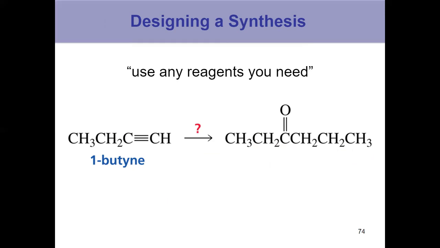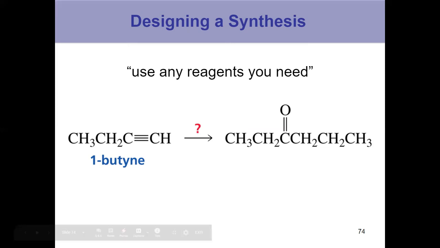So you see that it's a ketone. You ask yourself, how do I make that? Well, I only have one reaction so far in my toolbox that can make a ketone. An acid catalyzed addition of water or a hydroboration oxidation to an alkyne, because that makes an enol, which tautomerizes into a ketone. So that's how you'll get your final product.